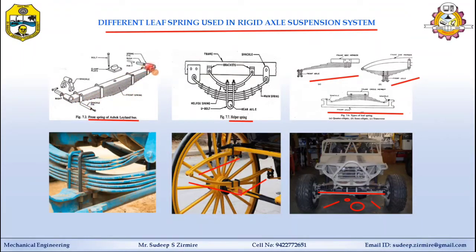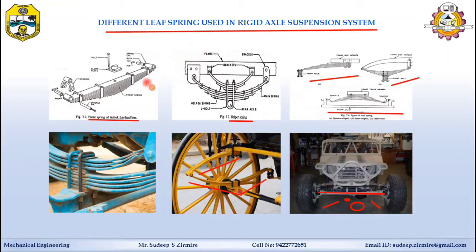So to avoid this yaw, or rotating motion about the vertical axis, this flat spring is used, and it has a longer length, so it gives comfort. But at the same time, another point related to this spring: it is flat with no camber, so it avoids yaw, but when it is used in a vehicle, the front side suspension length of this leaf spring is different compared to the rear side.